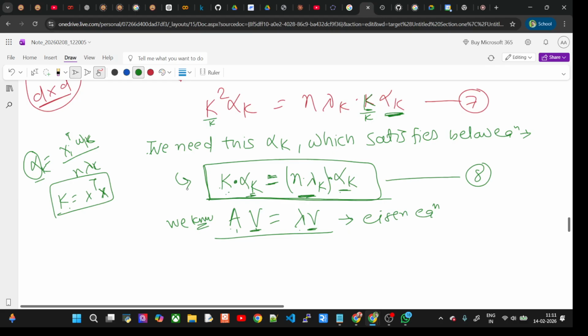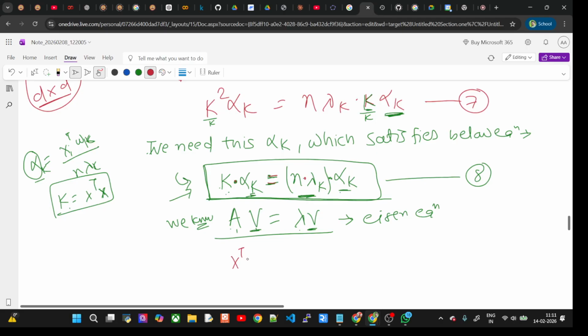This is an eigen equation because we just derived it now. So when you see this equation, it's saying that you have so many alpha k values, like the eigenvectors 1 2 3 4 5 6 7, and you want to choose the one which satisfies K into alpha k equal to n into lambda k alpha k. What is that?